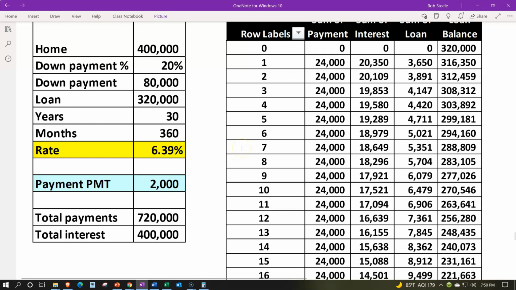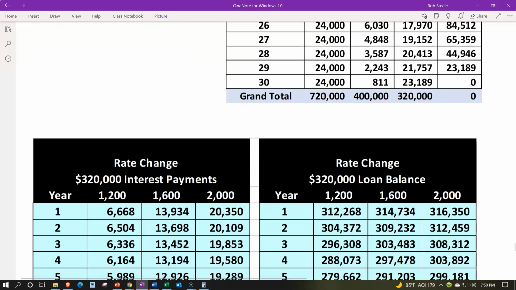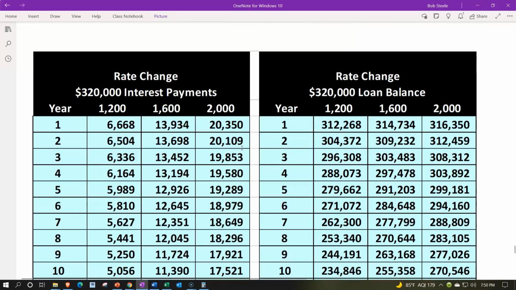We can adjust the pivot table to get the year-by-year data, and then we can use that to make other tables that we might want to do. For example, say we had a 320,000 loan amount, and the rate changes. What would be the interest payments if we had payments of 1,200, 1,600, and 2,000?